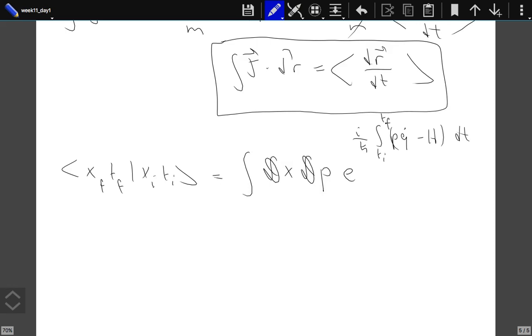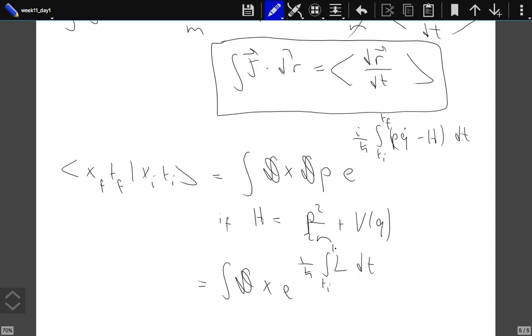Now you can simplify this if you can write the Hamiltonian as p squared over 2m plus V of q, the kinetic term plus the position-dependent term. If you have this form, then the momentum integrations are nothing but Gaussians, which you can evaluate. And then that path integral just takes this form, i over h bar the Lagrangian. Well, we were mainly using this representation.